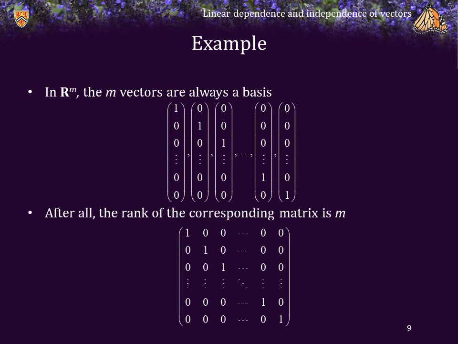Because after all, if we create the matrix, this is a matrix that has ones all along the diagonal, and therefore this is already in row echelon form. Because it is an m by m matrix, the rank of this matrix is m, and thus all m vectors above form a basis for their span.